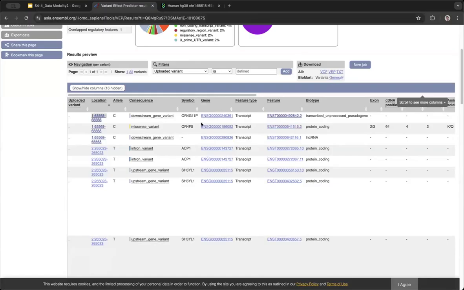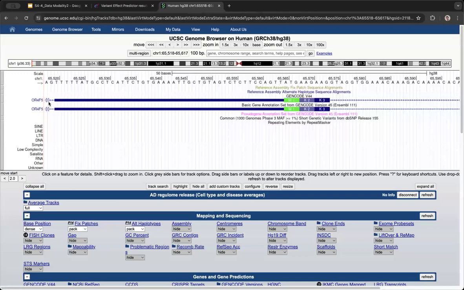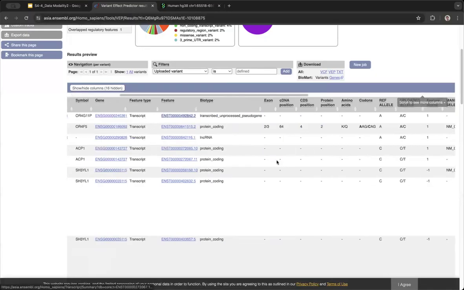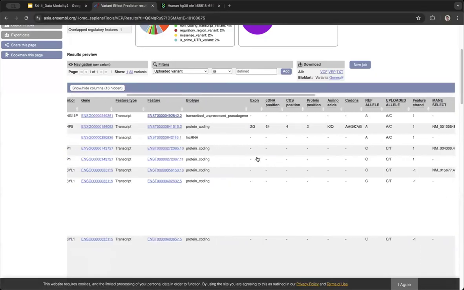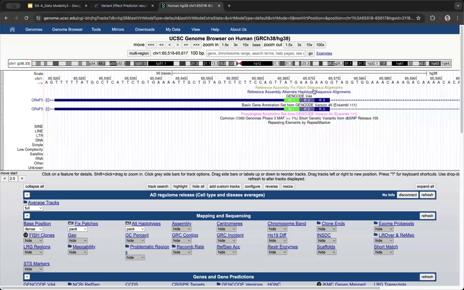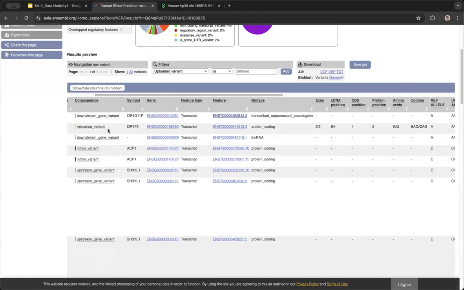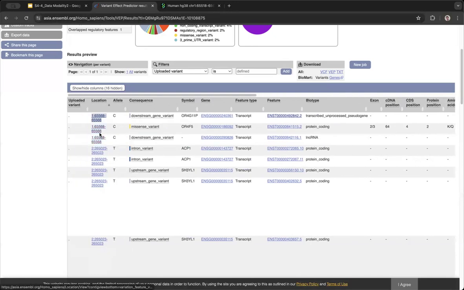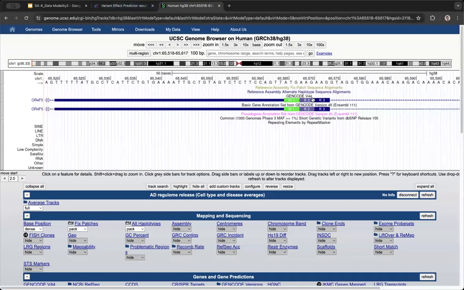Here, this is the missense variant of this gene, OR4F5, right? It's the same gene? Yes, it is. So this position is here. What is the position? It's 6-8, right? Why is this 6-8? Let's look at it.